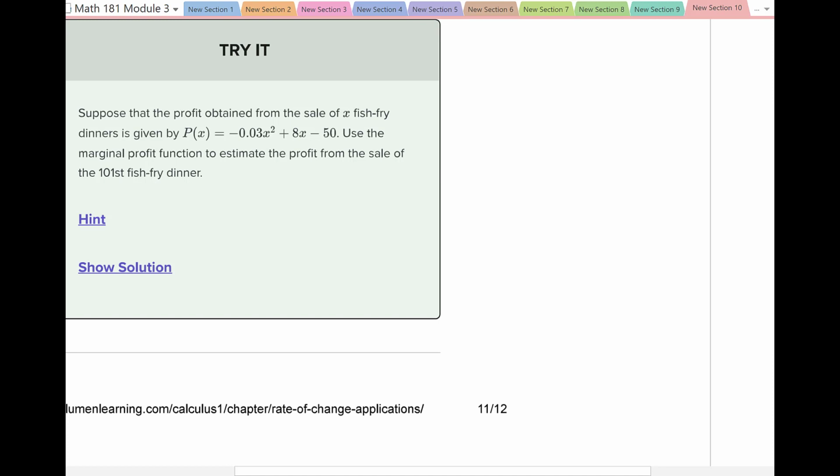So we're looking at P prime of X, or I should say the marginal, is going to be P prime of X, and that's going to be negative 0.03 times 2X plus 8, or negative 0.06X plus 8.